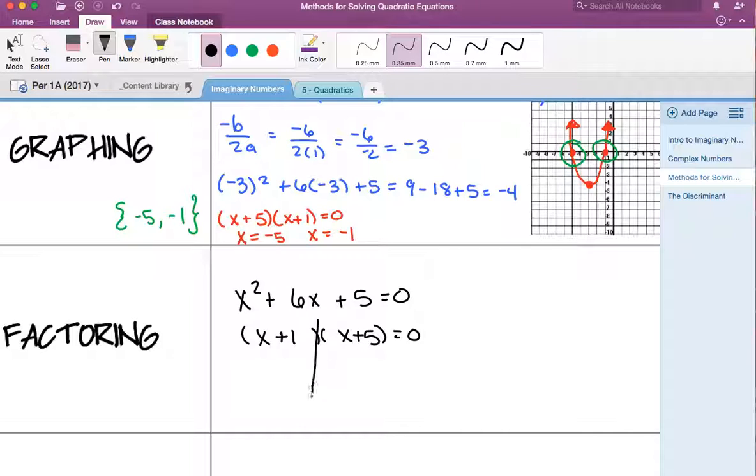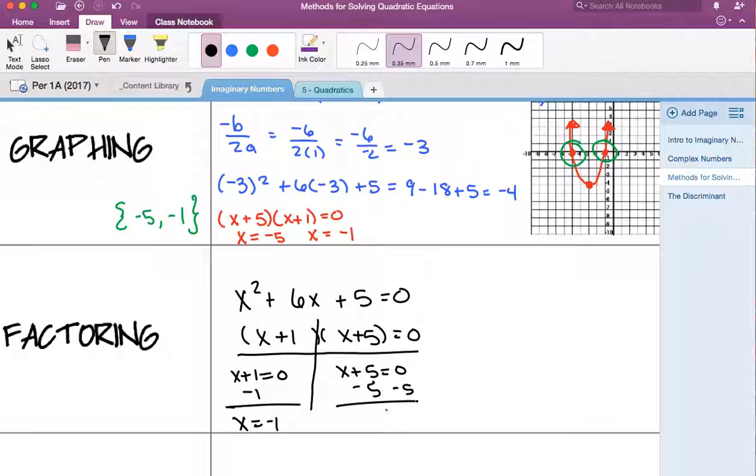Now I know that I need to take each factor and set it equal to 0, so I'll do it like this. x plus 1 equals 0, x plus 5 equals 0. Solve it for x, subtract 1. I get x equals negative 1, and subtract 5, we get x equals negative 5. So again, same set of solutions, negative 5, negative 1. Same function. Just a different way to get those roots.